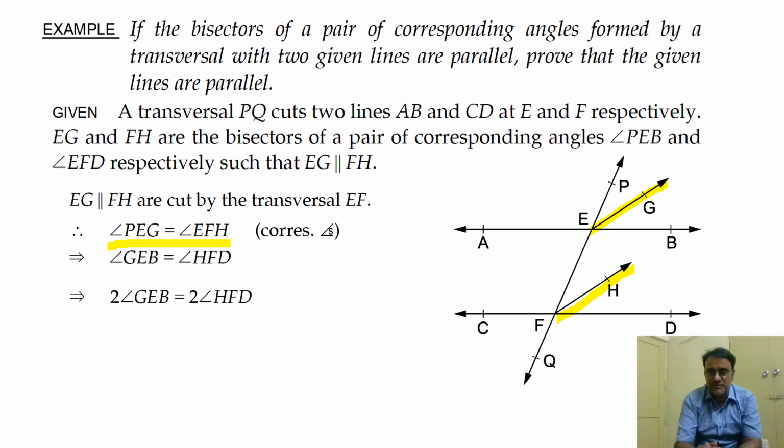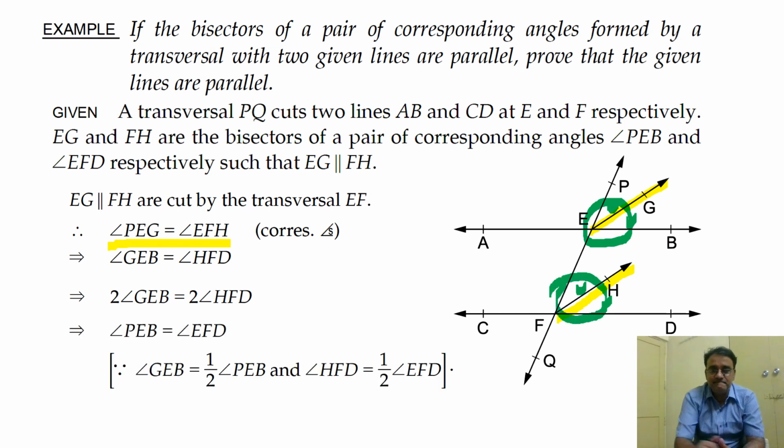Now these two are equal, so let's take 2 times. These two are already equal. Which angles? These two are equal and these two are equal. Clear? So 2 times this will give the complete angle, and 2 times this will give this complete angle. Why? Because angle GEB is half of angle PEB and angle HFD is half of angle EFD.